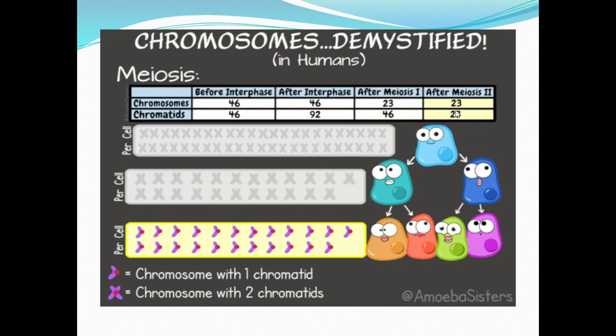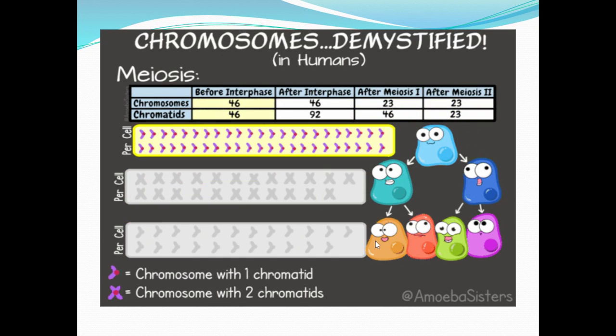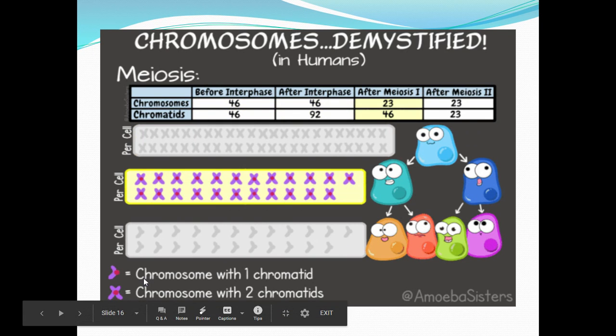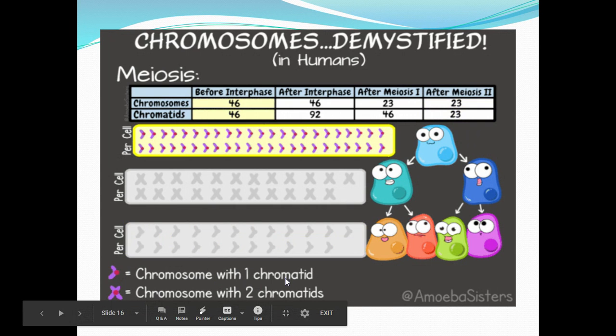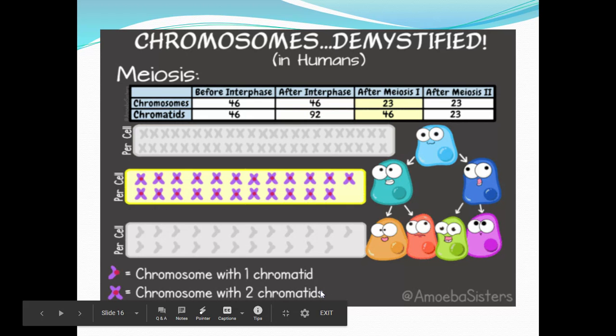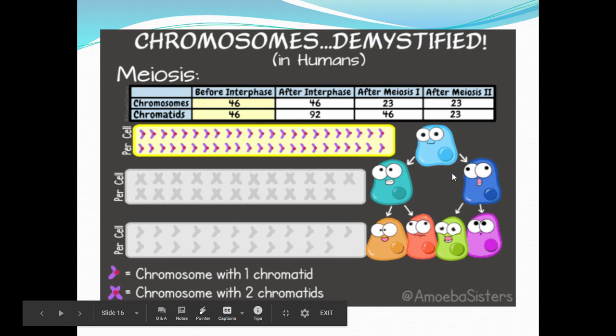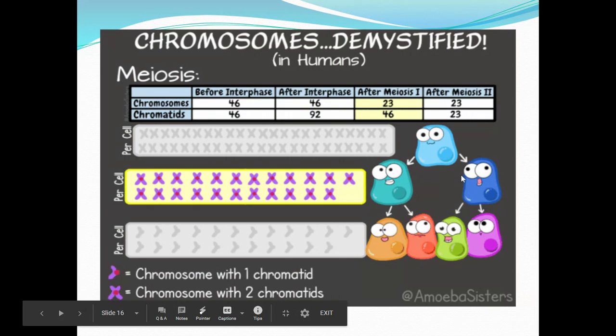And then after meiosis 2, we have 23 and 23. Notice our chromosomes with one chromatid are like little butterflies, and chromosomes with two chromatids look like our X's here. So notice we start with X's, and we have just the butterflies down here. And so this is what we're going through.